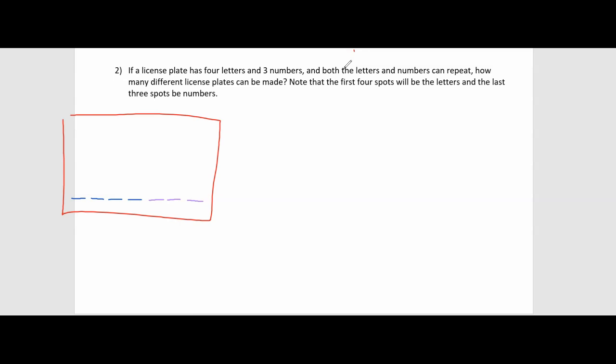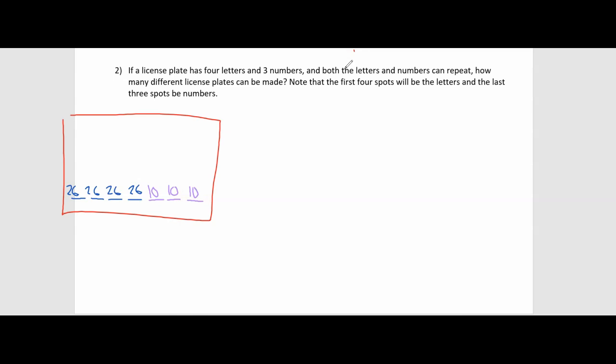Well, for the letter spaces, we're going to assume we're just using English letters. There's going to be 26 possible options, right, for each space. For the numbered spaces, we're going to assume we're just doing single-digit numbers for each space, like a license plate. There are 10 possible digits, 0 through 9.